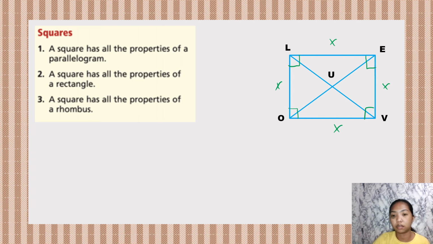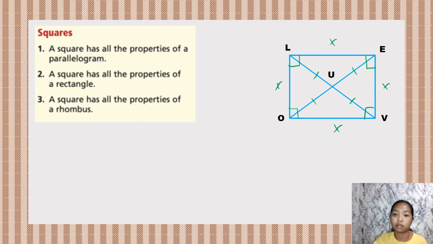And the diagonals form a perpendicular line. They bisect each other and they are equal. So LU is equal to UV, and UO is just equal to UE. I am using one line because they are all equal.